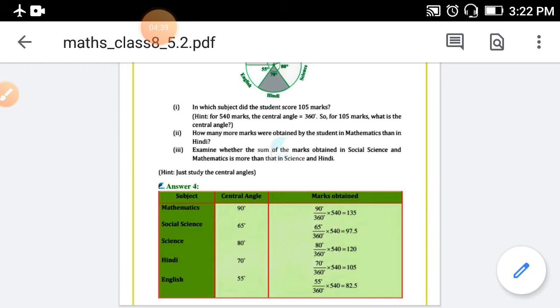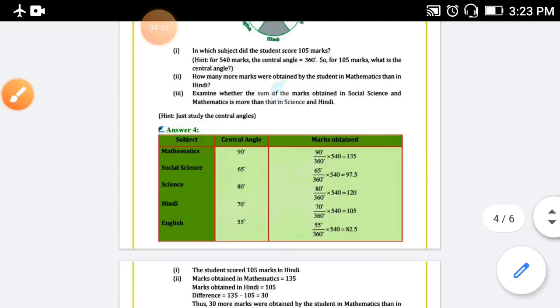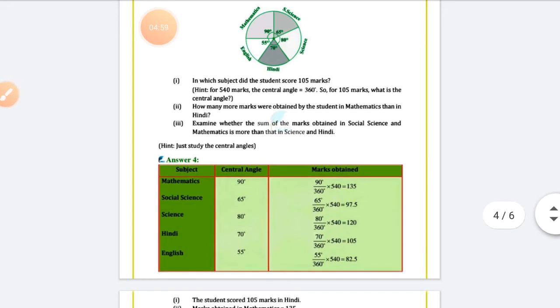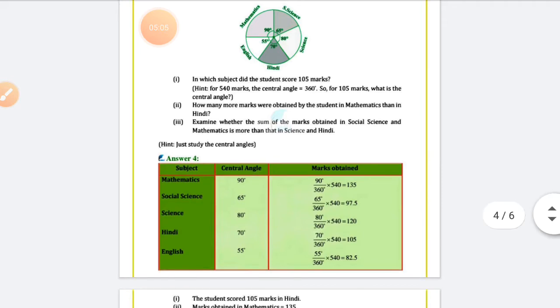Second one, how many more marks were obtained by the student in maths than in Hindi? Hindi 105 marks and maths 135. So how many more marks obtained in maths? 135 minus 105 is 30 marks. Third one, examine whether the sum of marks obtained in SS and maths is more than science and Hindi.